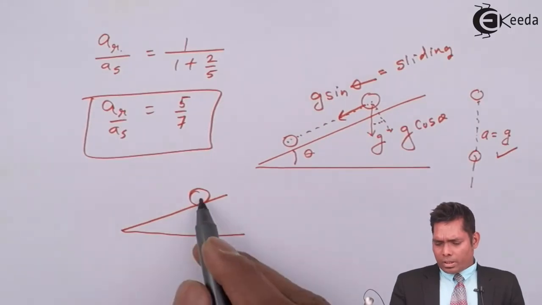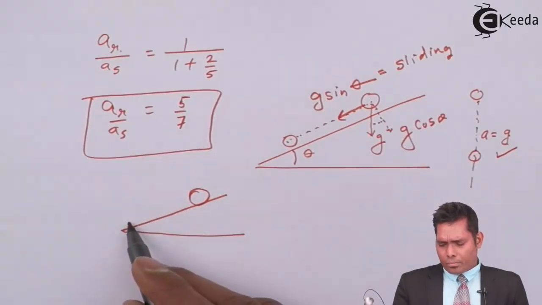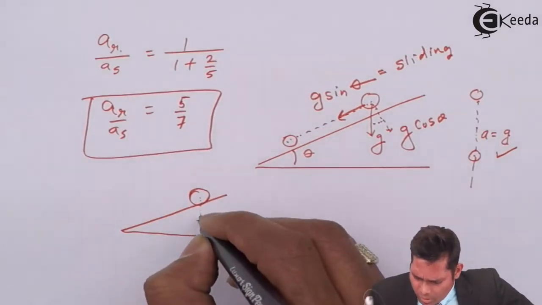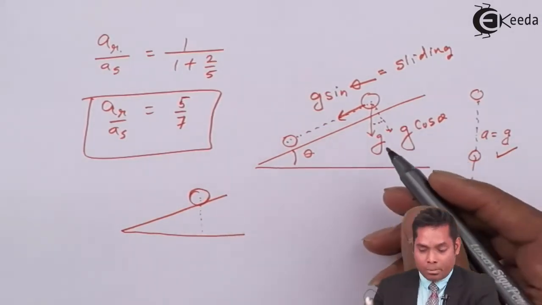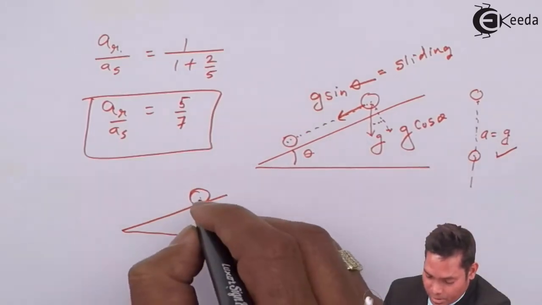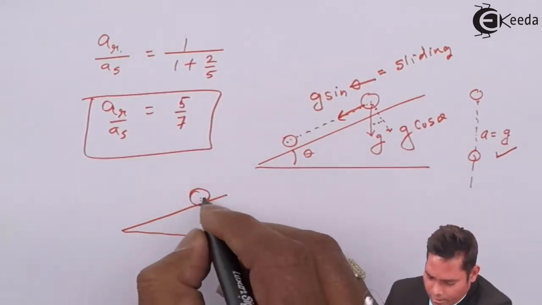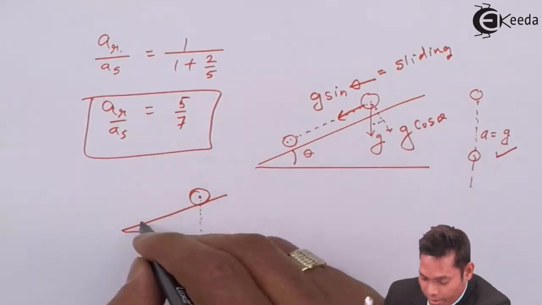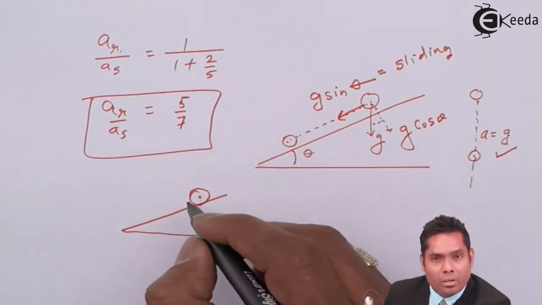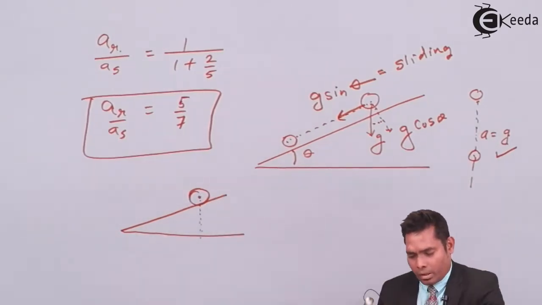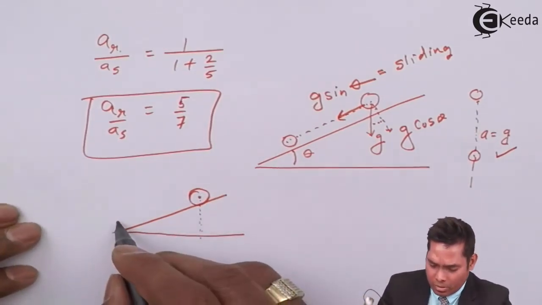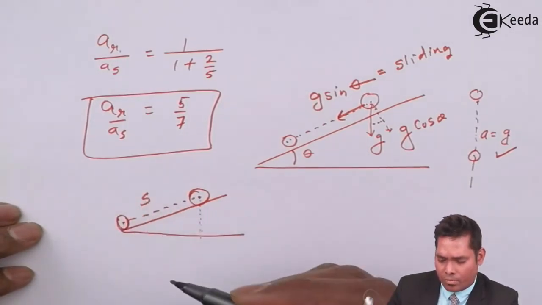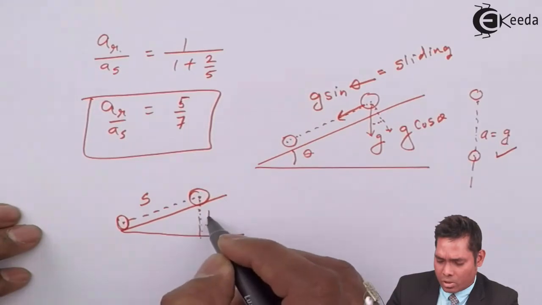If I want to derive the expression, I may derive it like this: I'll first take the energy conservation and find the v. Suppose from here to here it covers the displacement s, and this height is h.